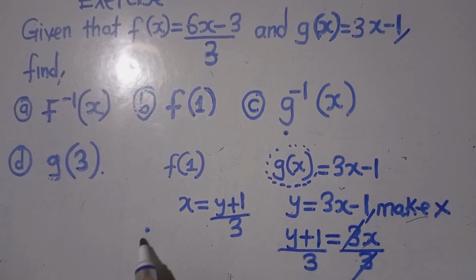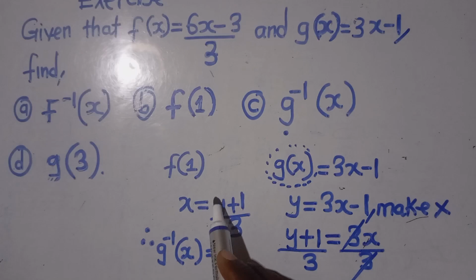From here, you now say, therefore, g inverse of x is equal to, where there is y here, you shall put x. So this is x plus 1 over 3, like that.